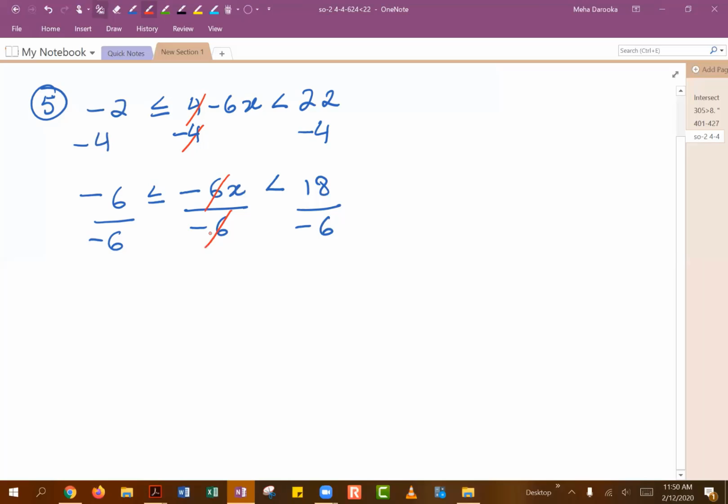Levi? But if you divide by 6, then the negative would still stay behind with the x. You're talking about this 6, right?